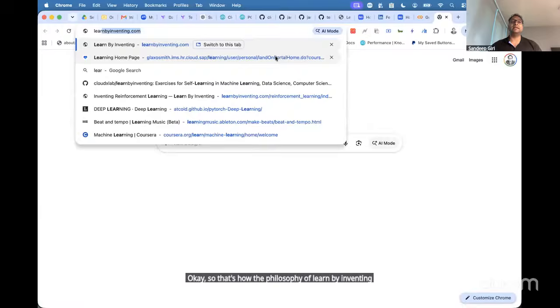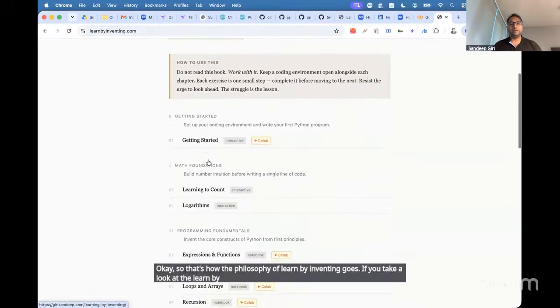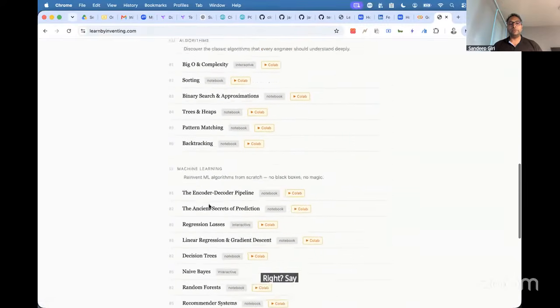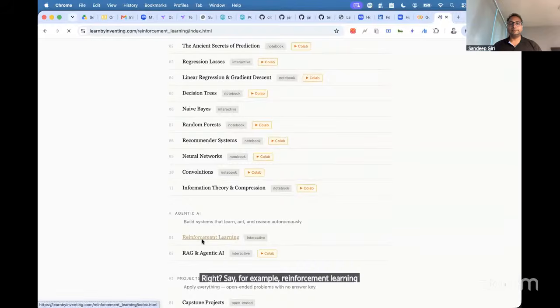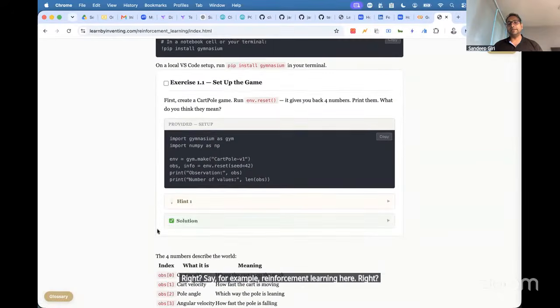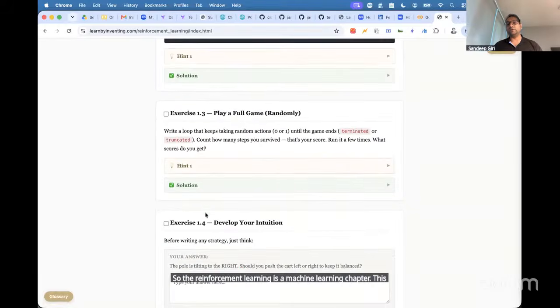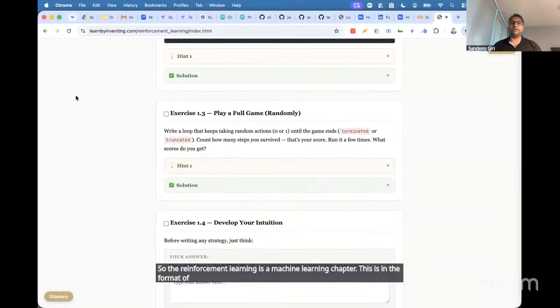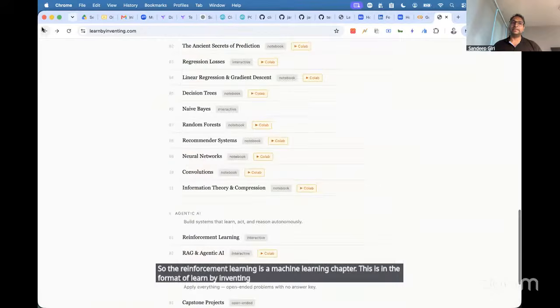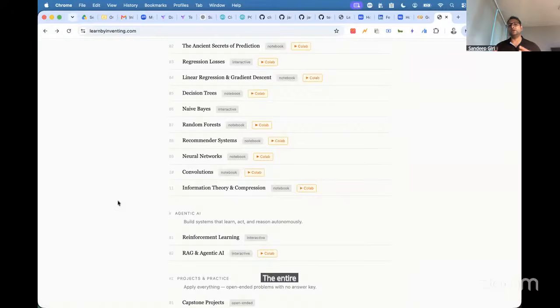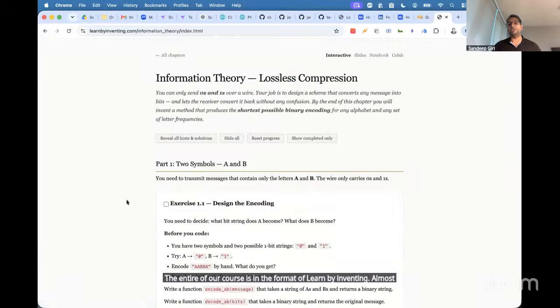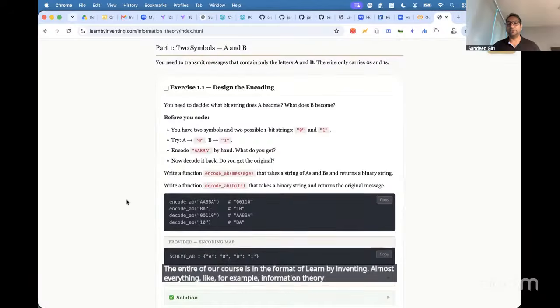If you take a look at learnbyinventing.com, say, for example, reinforcement learning here. Reinforcement learning is a machine learning chapter, and this is in the format of Learn by Inventing. The entire course is in that format. Almost everything, like information theory, which is one of the chapters of machine learning.